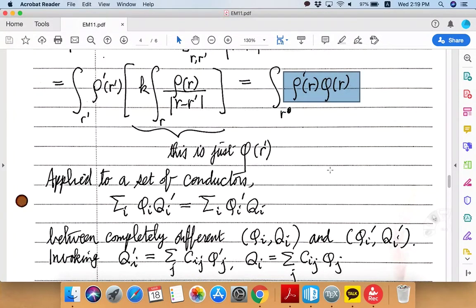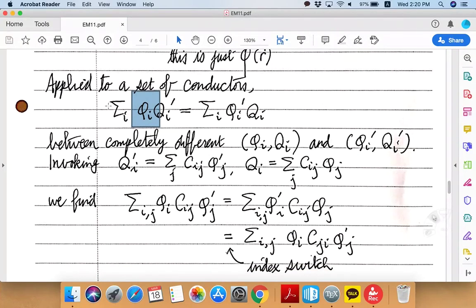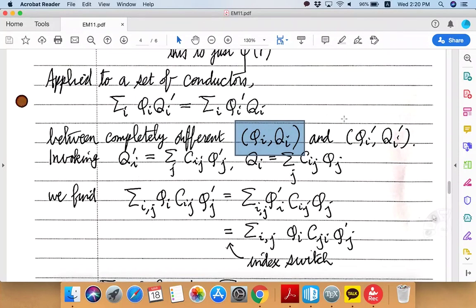Now, when you apply this conclusion to the situation consisting of a set of conductors, remembering that every piece of conductor is an equipotential characterized by a single potential value, which is phi i for the conductor labeled i, this reciprocity relation tells us that if we are given an old distribution of potentials and charges and a completely different distribution of potentials and charges like this, then their cross product, like this, is equal to this cross product.